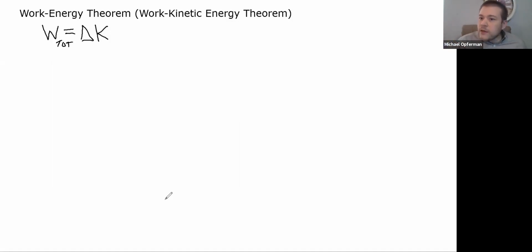If you are doing the total work done on an object, it is this simple: the total work done is equal to the change in kinetic energy, period. That's it.